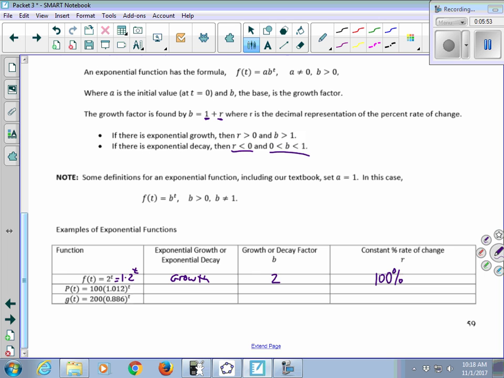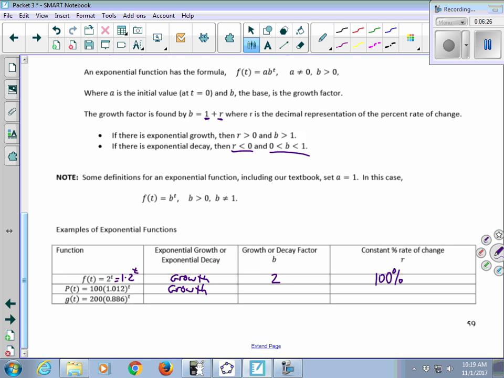All right, let's look at the next function. P of t equals 100 times 1.012 to the t. So if we think of this as a financial function, this says we're starting with $100 and we're multiplying that by 1.012. You multiply by a number bigger than 1, the answer is going to get bigger, right? The answer is going to be bigger than 100 if you multiply 100 times 1.012. So that means I've got growth. My b value is bigger than 1, so I have growth.